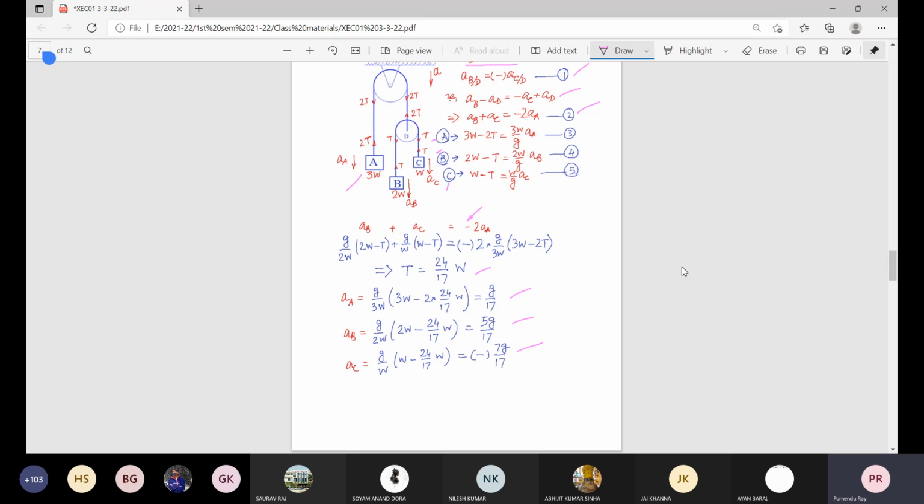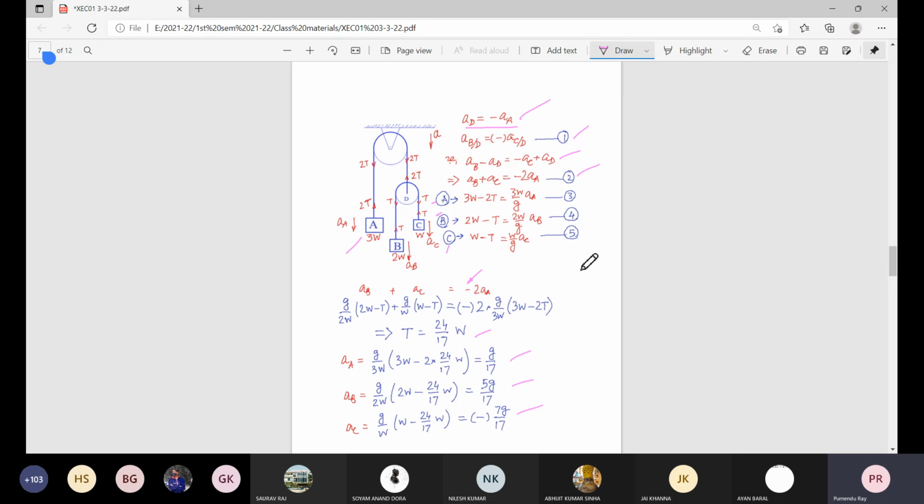So ultimately A will be moving downward with some acceleration g by 17, B also will move, but that movement of B will drag C upward, and it is minus 7 g by 17. So you can take a screenshot of this page for your convenience, so that later on you can check if there is any mistake done by me, or just to go through this thing.